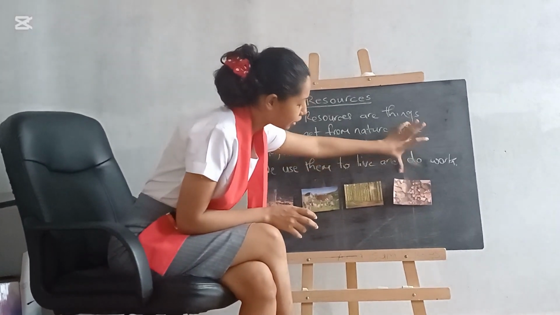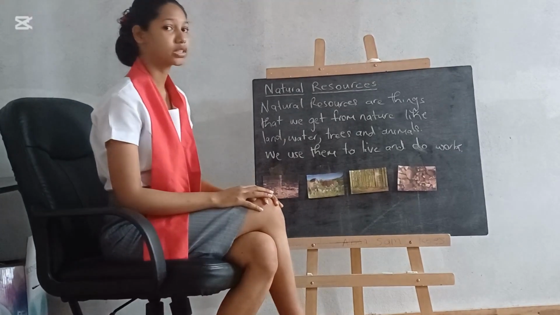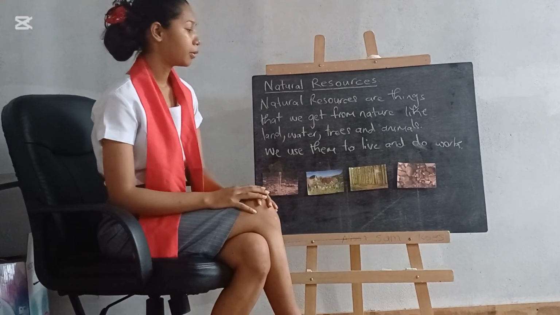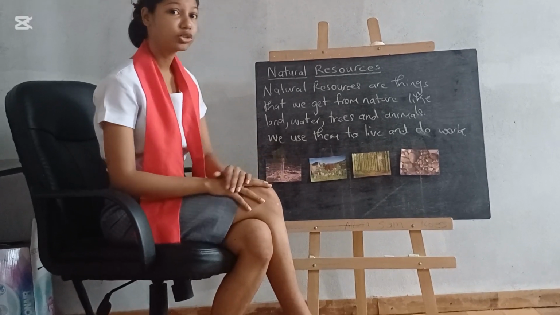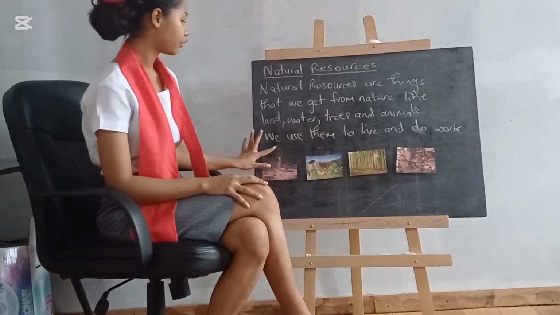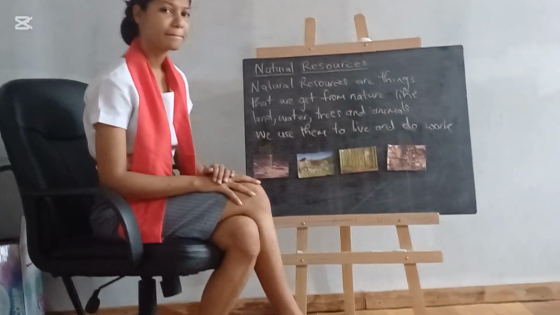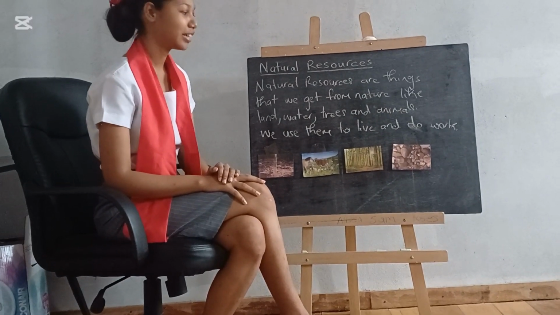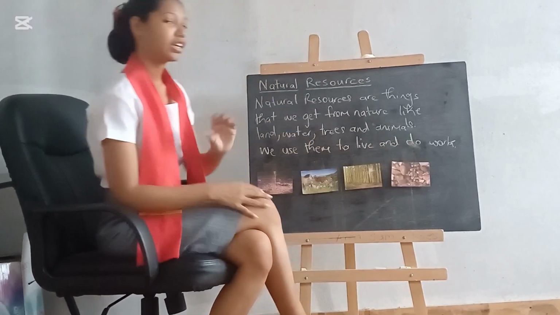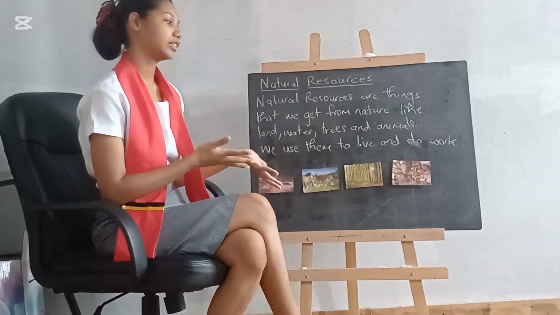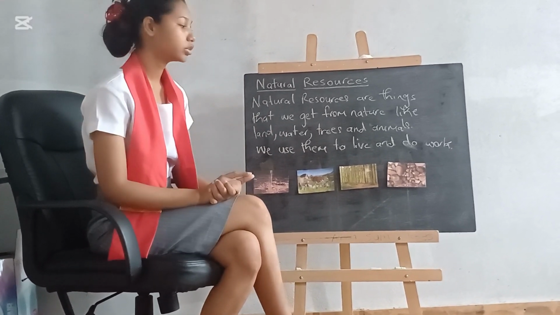And the last one that I showed you guys earlier, rocks and minerals. I know this one is very surprising because it doesn't look very useful. But we use these to build roads. We use it to make jewelry. Have you ever seen the gravel on a road before? Yes, so that's how we take this natural resource, rocks, and we use them to build our roads.